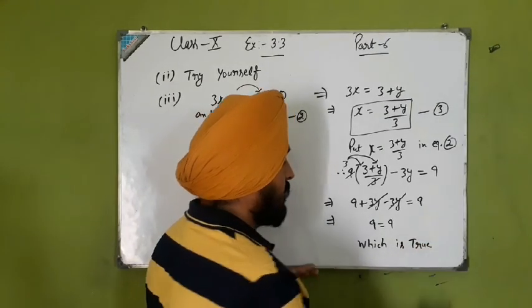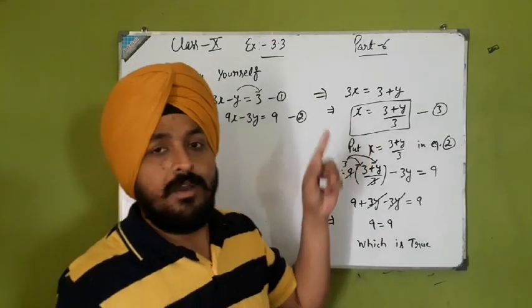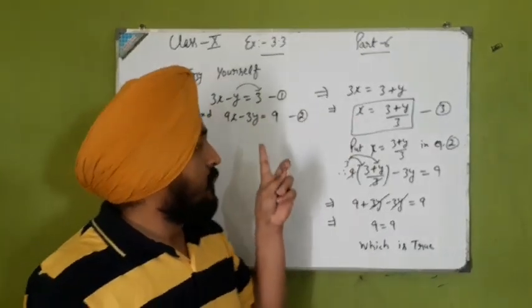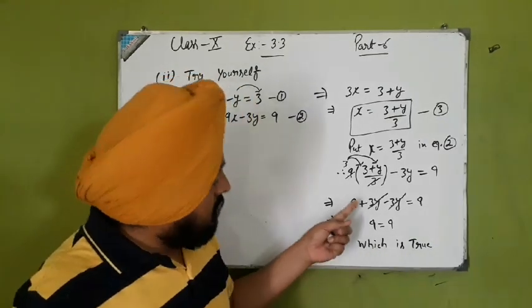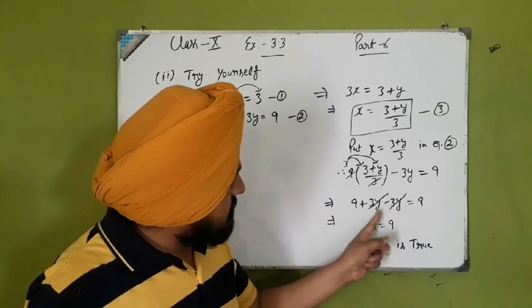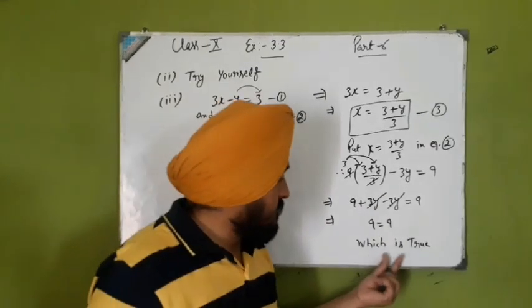As you know, in the previous question, after putting this value of x in the second equation, we got the value of y there, but the variable y cancelled with each other, y with y. Clear? So which is true here?